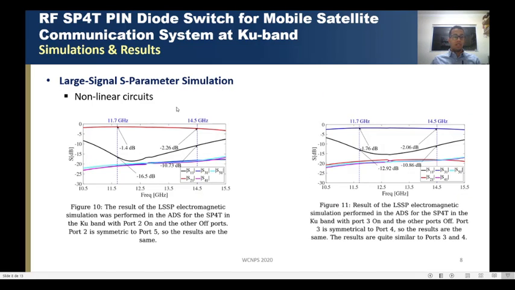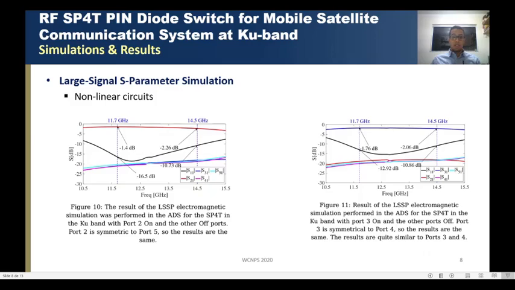Well, since diodes are not linear components, we did use the large signal S-parameter simulation that considers the compression points of these elements.